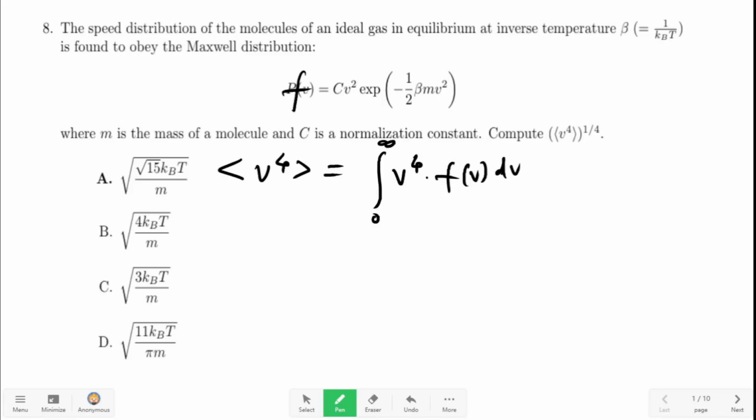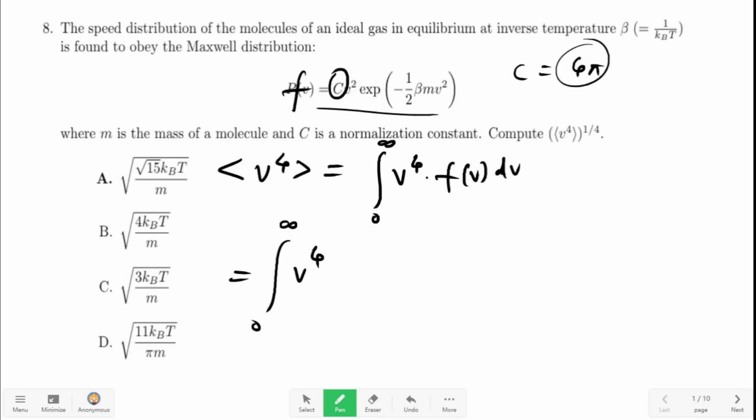F of v is given here, the distribution function. Therefore we have integral 0 to infinity v raised to 4. And what is the value of c? Because we are familiar with this function already, we know the value of c is equal to 4 pi, coming from the integration of solid angle, times m divided by 2 pi kt the whole raised to 3 by 2.